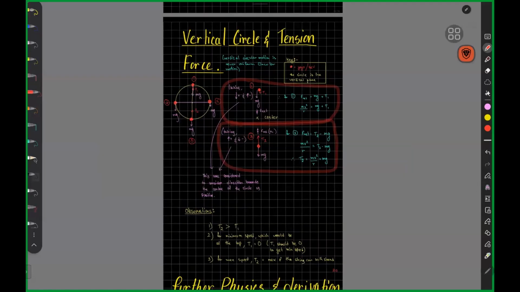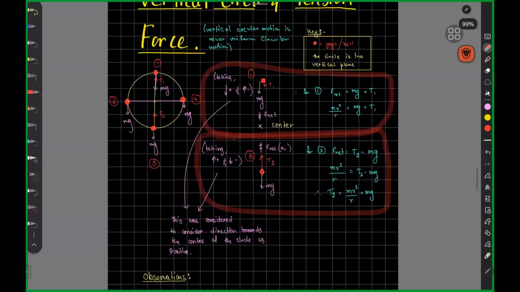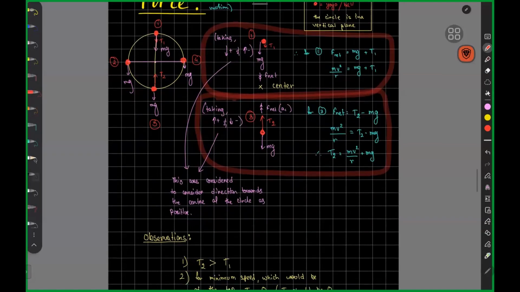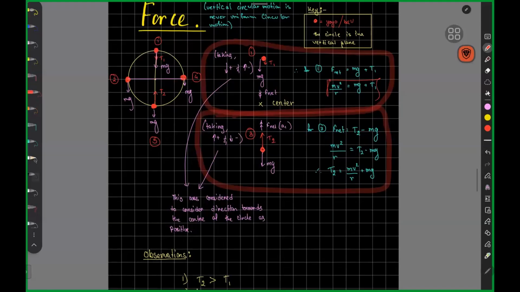So in this case, what we have essentially understood is we have established two equations. One is where my net force is equal to the sum of mg and tension. The other where it's a difference. Now, can you already sort of understand why my centripetal force is supposed to be different throughout the journey?